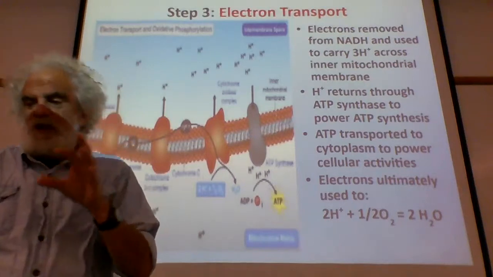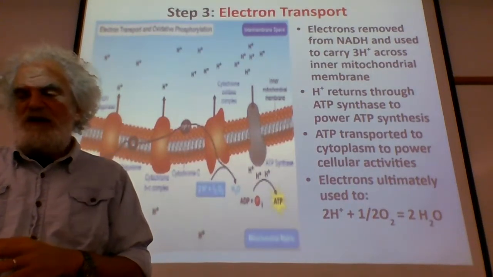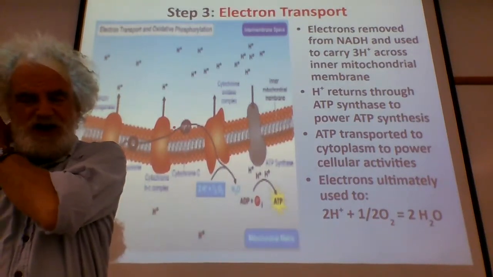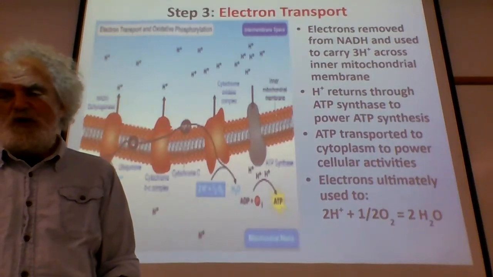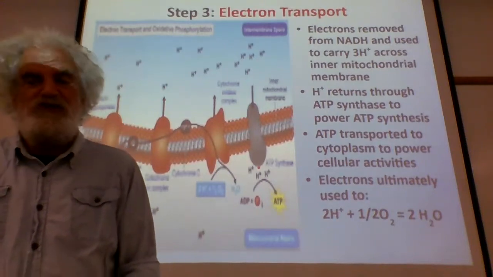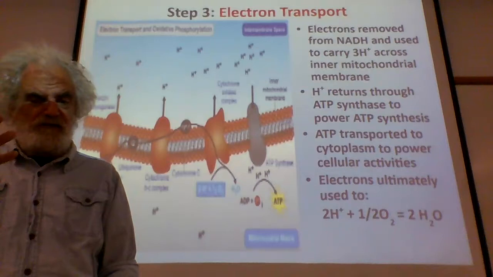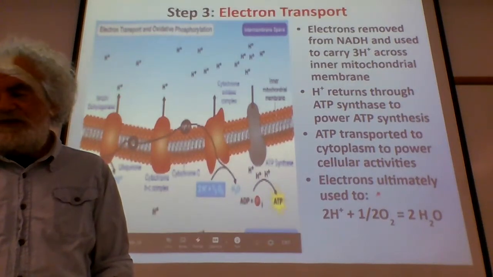And there are a variety of different intermediates, things like ubiquinone and cytochromes, that are actually helping to pass the electron from one carrier to the next. So ultimately, the electron is going to be used to reduce a molecule of oxygen, of O2. And this is the way we can think of it.